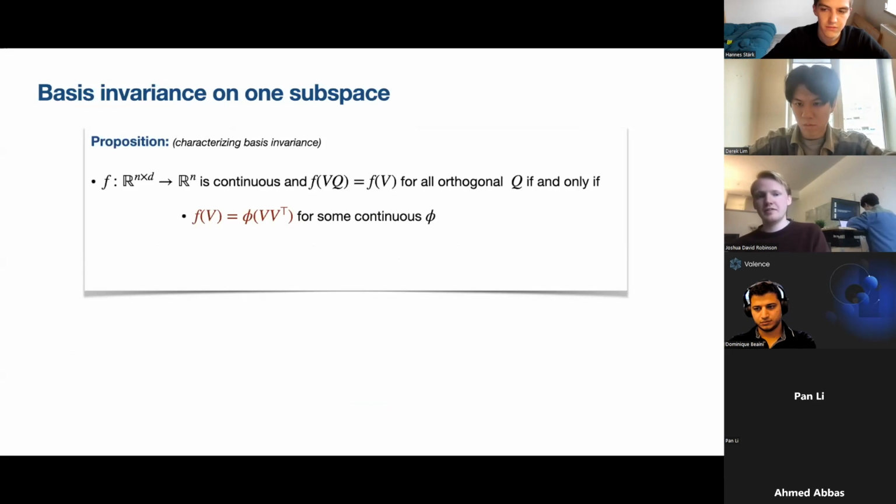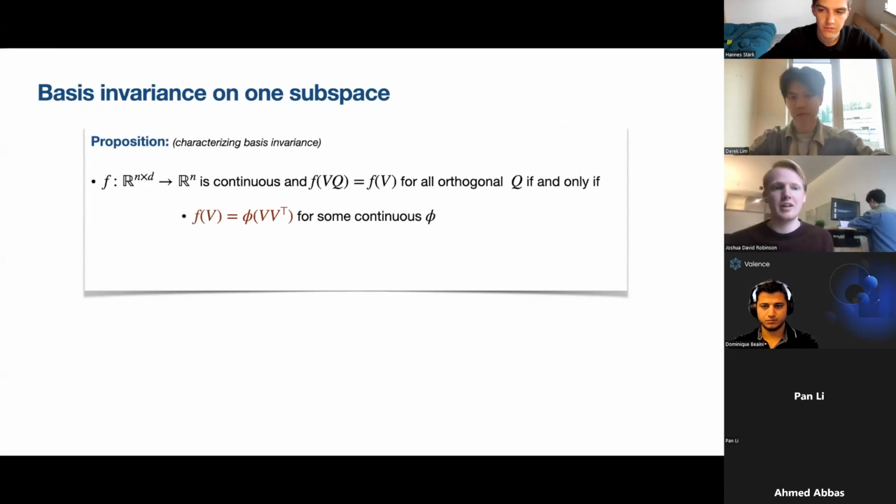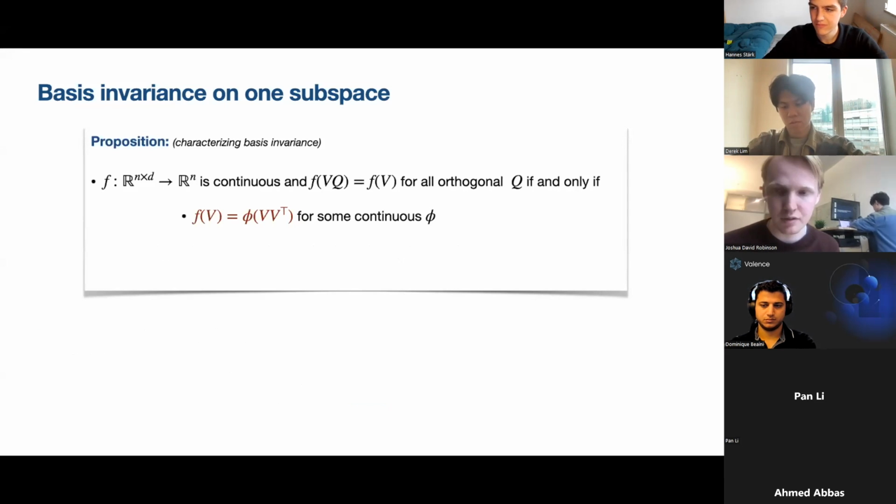Recall that a function f is basis invariant if it's invariant under right multiplication by an orthogonal matrix Q. It turns out that any basis invariant function, mapping these matrices to a corresponding vector in Rn, can be parameterized in the form phi of V outer product with its self-transpose, for some continuous phi.